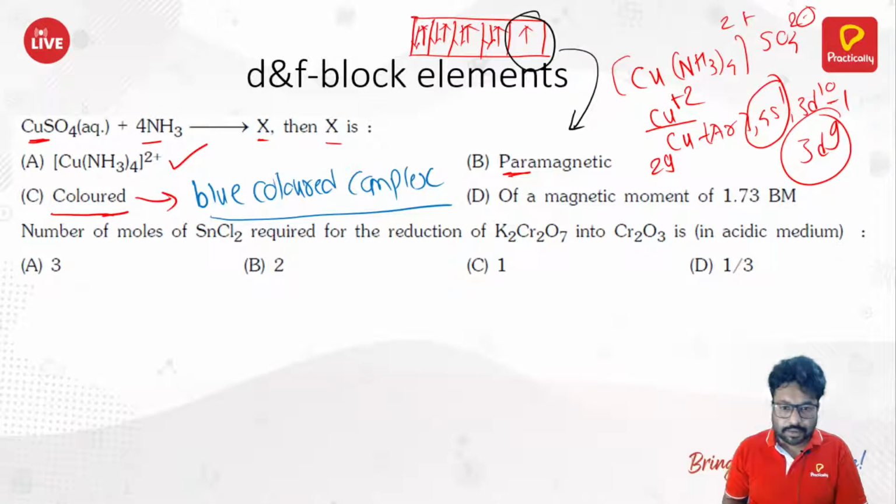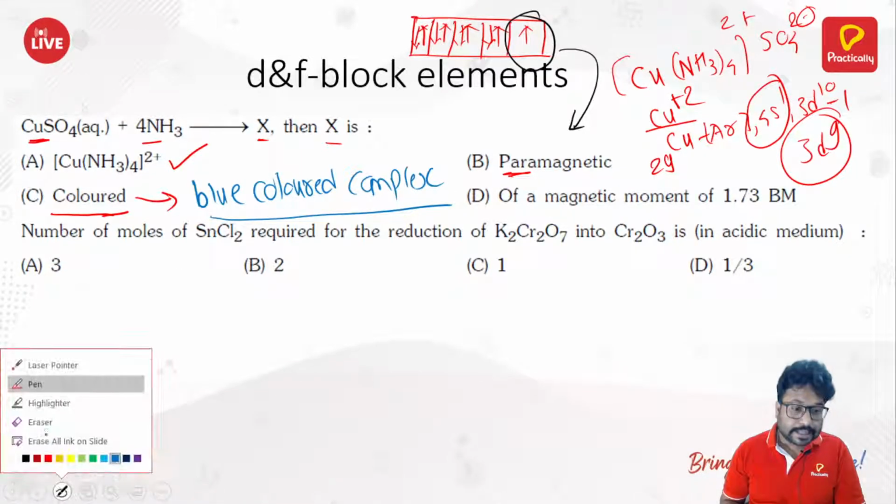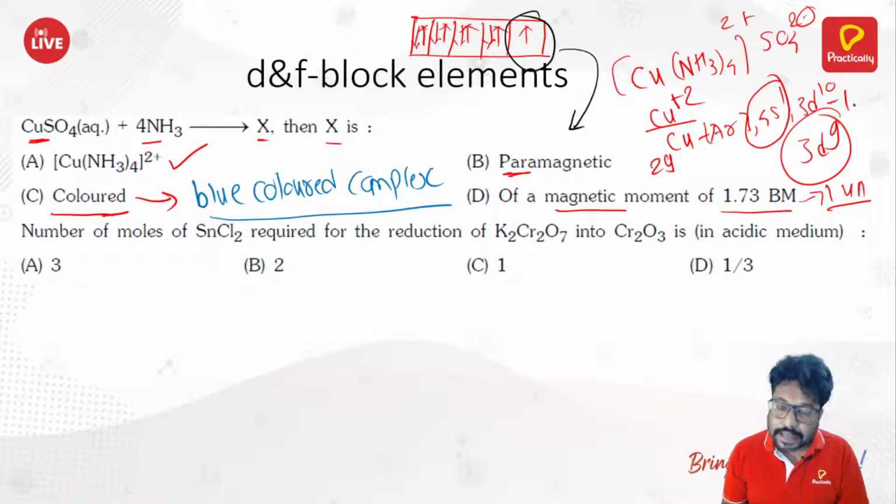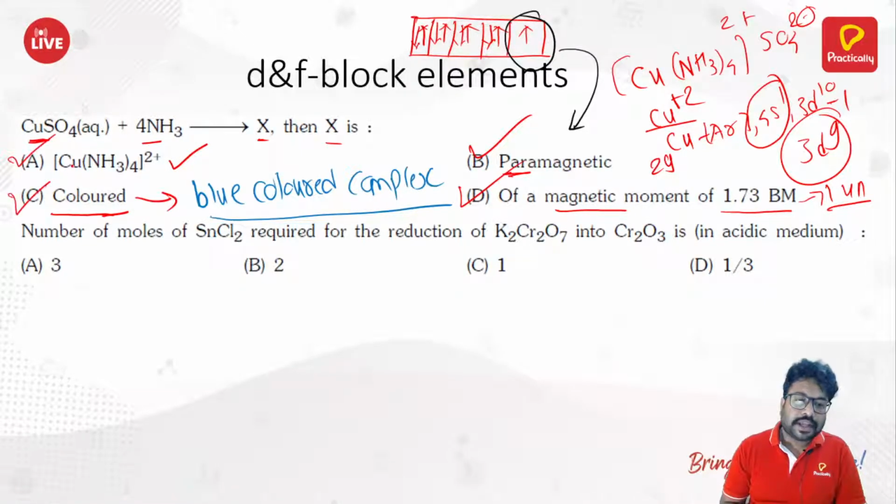And lastly, paramagnetic, yes, of magnetic moment 1.73 BM, because 1.73 BM corresponds to 1 unpaired electron, and it does have 1 unpaired electron. So all of these options are correct. In fact, there should have been one more option, option E, all of them.